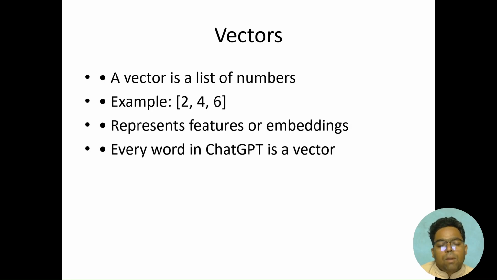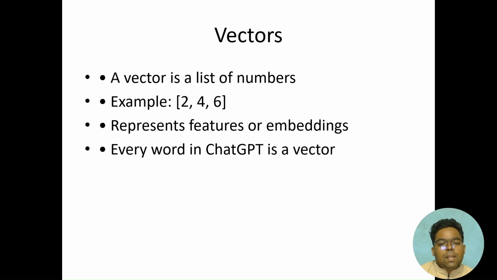I can tokenize it into multiple tokens, like words or sub-words: I is one word, love is another word, and Maggie is another word. When I say embedding, I keep each word as a list of numbers.